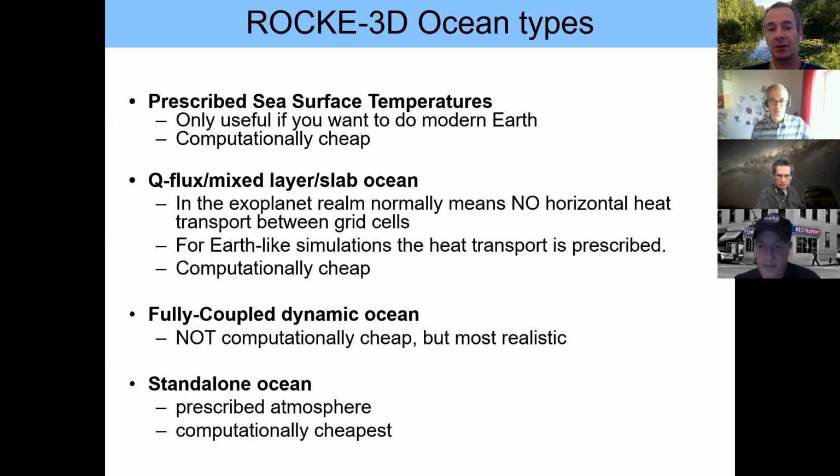And that has changed in Planet 2.0, where we provide a zero heat transport between grid cells, which is more of a standard for exoplanet studies, as you say in your point here. So just to remind people: if you are going to change from Planet 1 to Planet 2, the QFlux assumption has changed, and that matters.